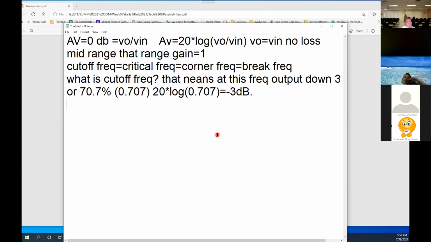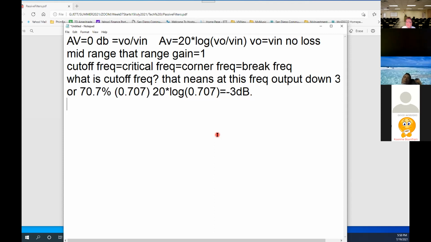For example, you get 10 volts coming out, okay? At the cutoff frequency, they go down 3 dB. In order to find the output, you have to take 10 times 0.707.